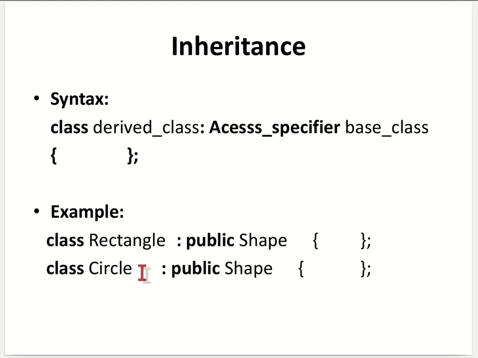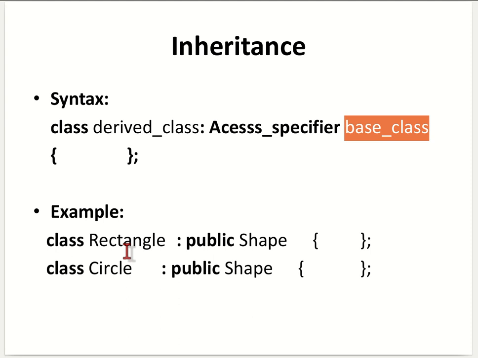So let's see the example here. Here is a derived class, and it is going to inherit another class's properties. Here I have mentioned the base class. The syntax is like this: colon, access specifier, space, the base class.